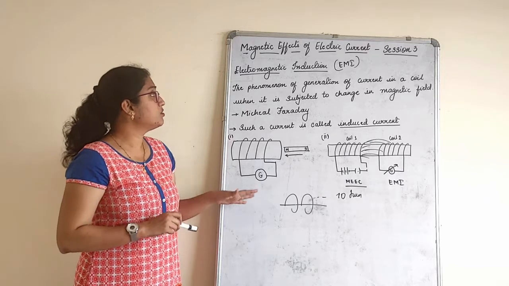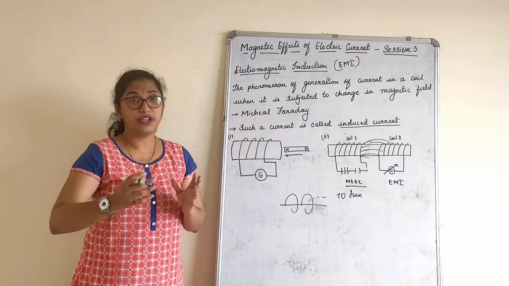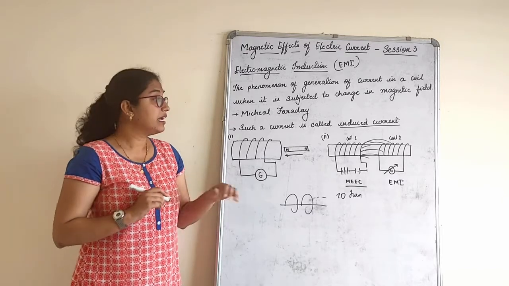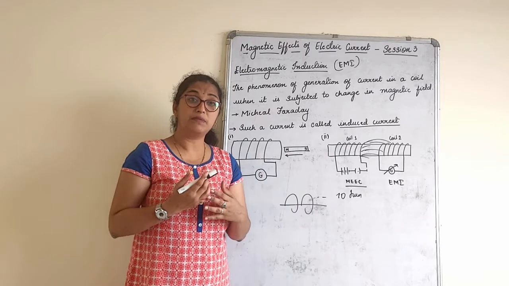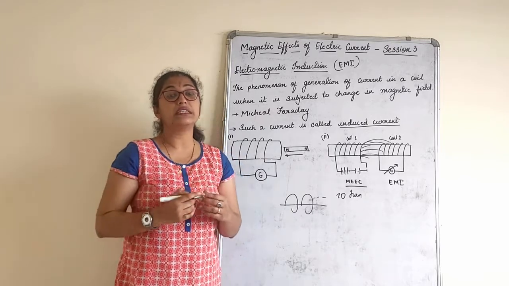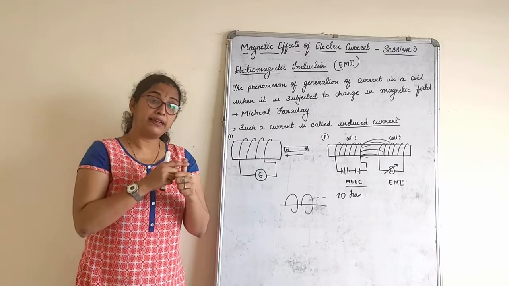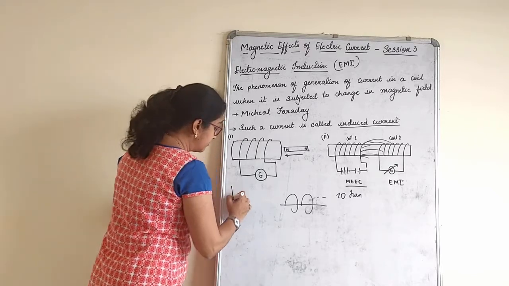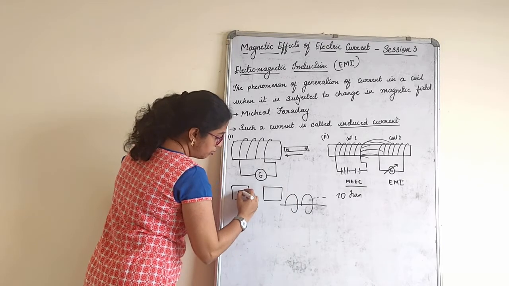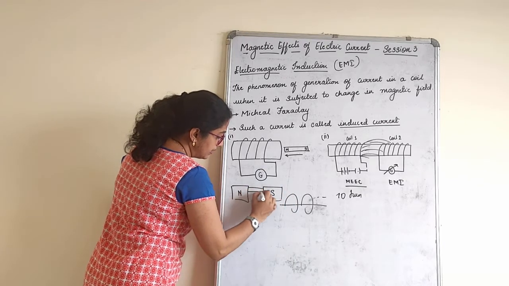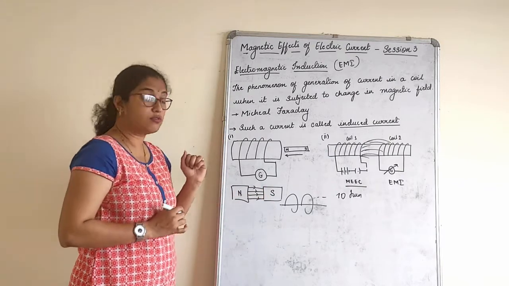Now we understood that there is a current generated in the circuit. How the current is generated depends upon which direction the conductor is moving, right? So, for example, for a magnetic field, if I have two magnets attached here, this is north and this is south, and this is the magnetic field from north to south.